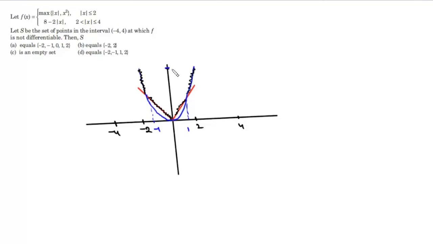Now at 2, this value is 4. Now when x lies between 2 and 4, it is 8 minus 2x. So if we put x as 2, it will be 4, and at 4 it will be 0. So it will be this straight line, and here also it will be this straight line. Now it is not differentiable at -2, -1, 0, +1 and +2, and that's your option A.